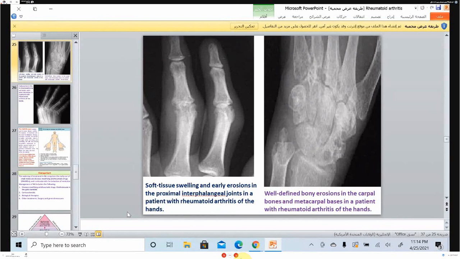Here is the other image: well-defined bone erosion of the carpal bones and metacarpal bases in a patient with rheumatoid arthritis. Notice here the carpal bones and metacarpal bases, look at the lateral view.